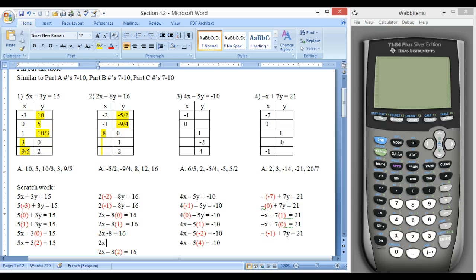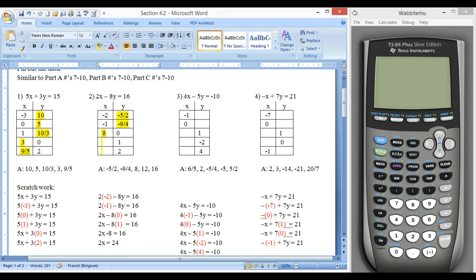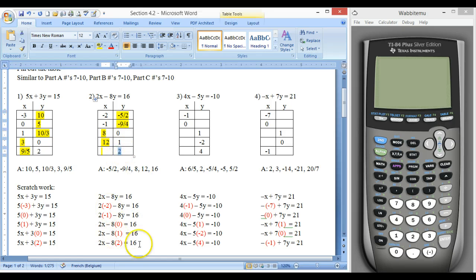So we're left with 2x on the left side. 16 plus 8, that gives me 24. Divide both sides by 2, and we're left with x equals 12. And we'll put that up here. I'm going to delete this once again and move to the next one, in which we substitute 2 in for y.